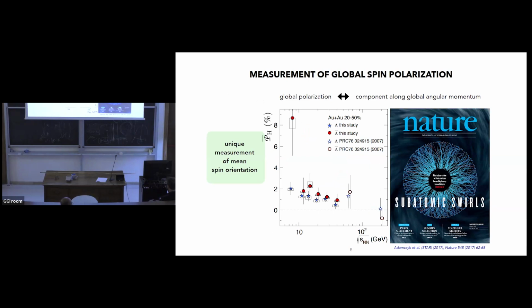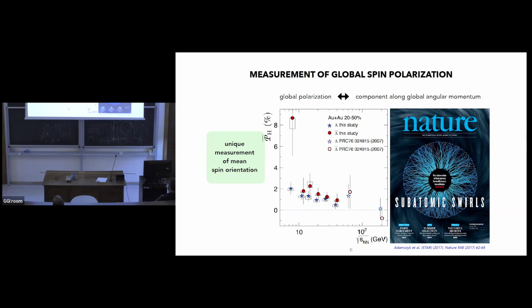This is the polarization along the direction of the initial orbital angular momentum, and we observed that as a function of the collision energy, this polarization decreases.